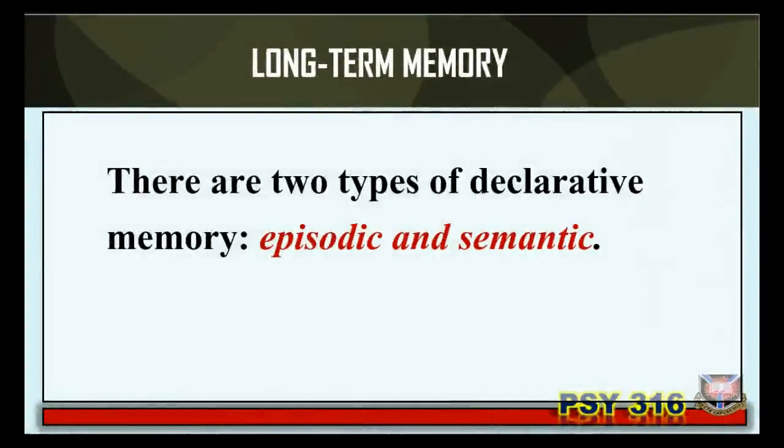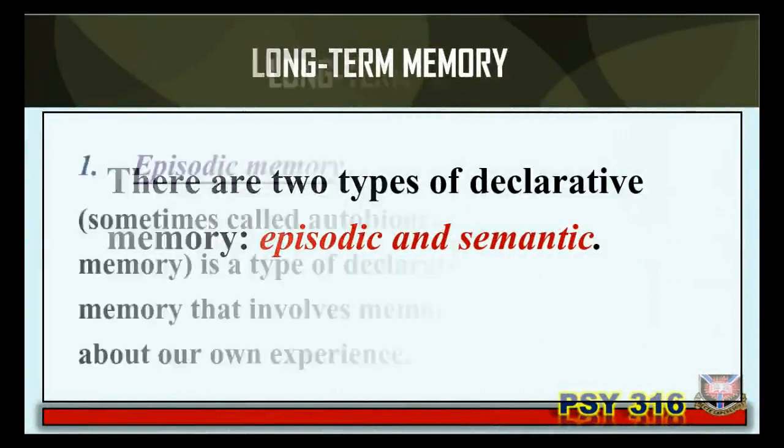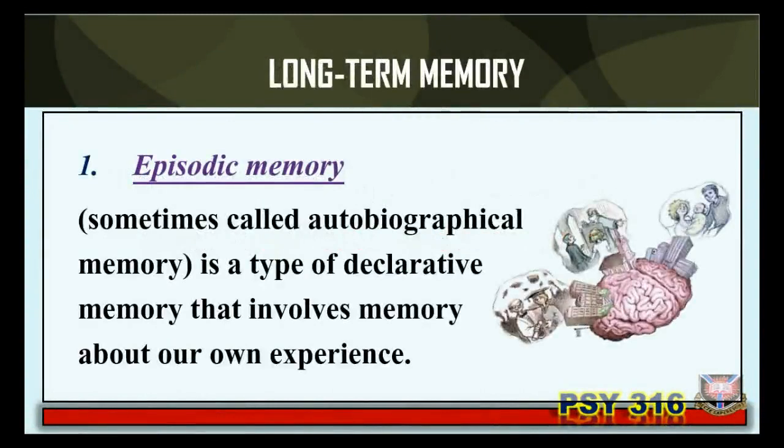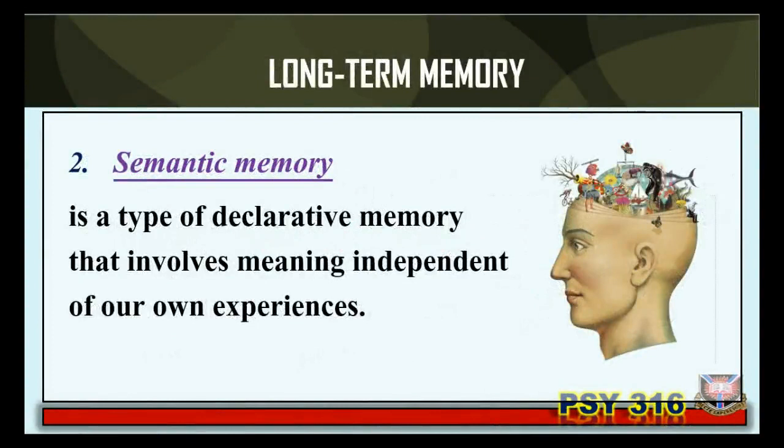There are 2 types of declarative memory: episodic and semantic. Episodic memory, sometimes called autobiographical memory, is a type of declarative memory that involves memory about our own experience. Semantic memory is a type of declarative memory that involves meaning independent of our own experiences.